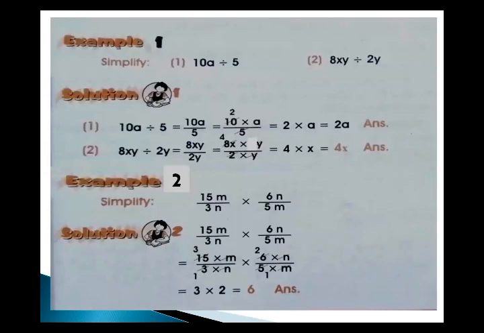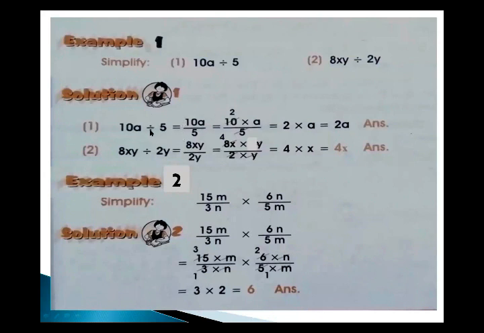So here's the example which is given in your book, page number 101. Example number 1. In this question, we have to solve the division operation: 10a divided by 5, or the quotient of 10a and 5. Both are the same. So here's the solution of part 1. We write 10a divided by 5 in this form.